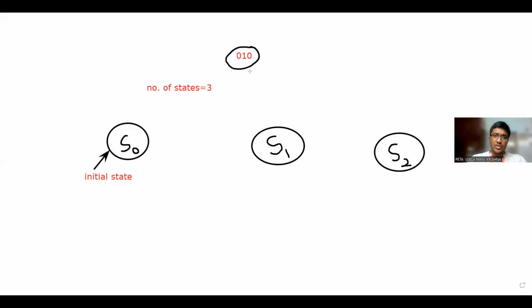Okay. So the given sequence is 0, 1, 0. So at present I am at initial state, and if the first detected bit is 0, it will move to the state S1. So given bit is 0, but the output is 0 because we did not detect the complete sequence.